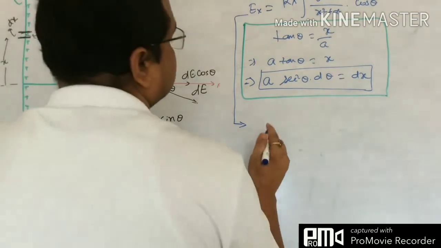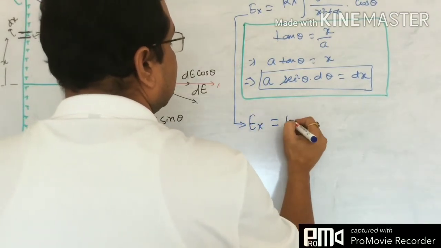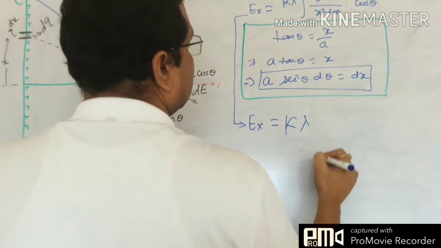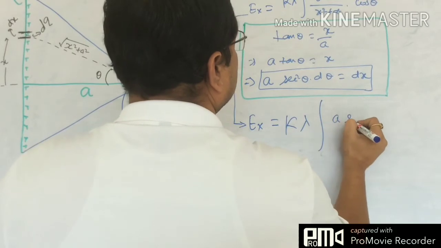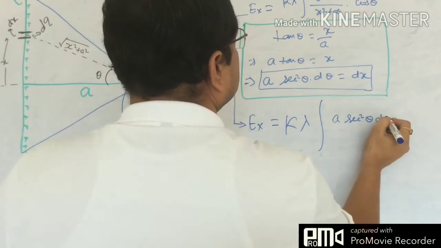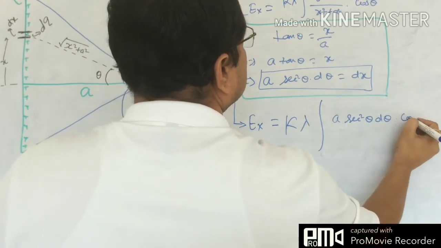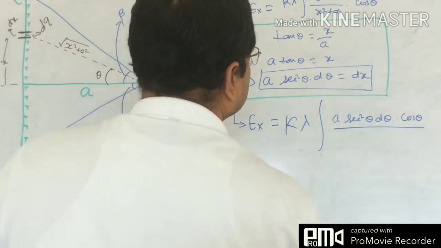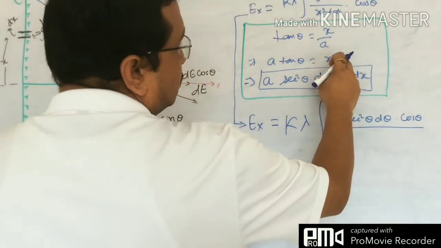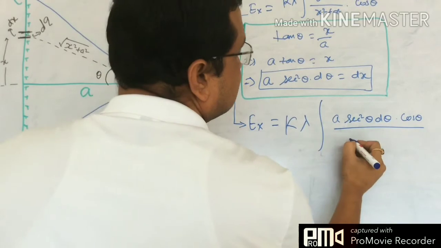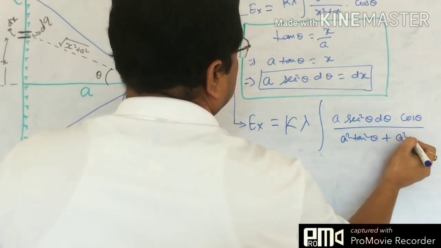So now Ex equals k lambda integration of a sec square theta d theta, that is dx, into cos theta by x square, which means a square tan square theta plus a square.